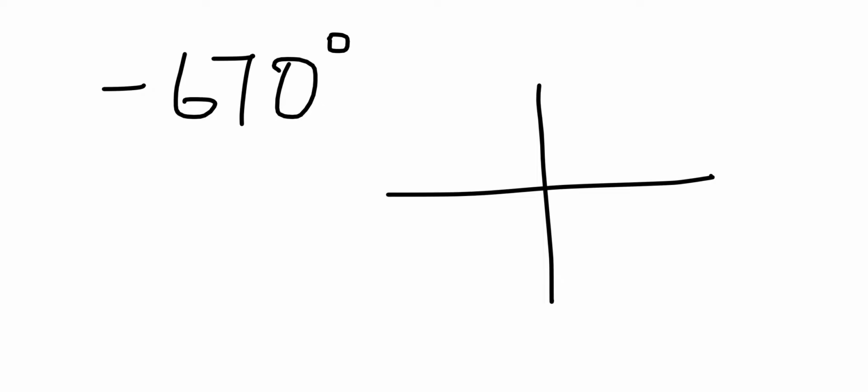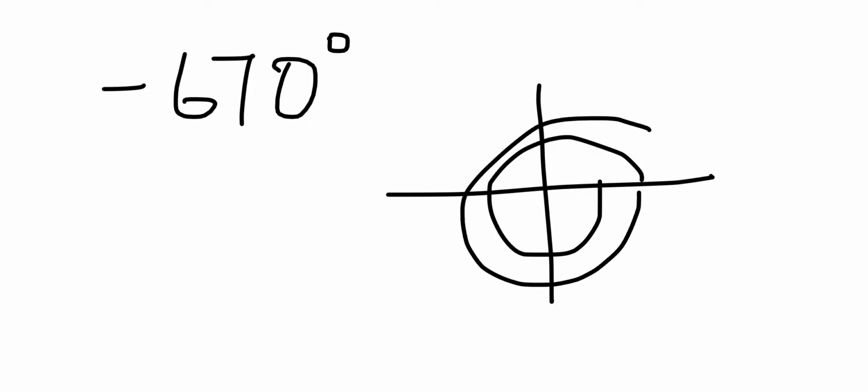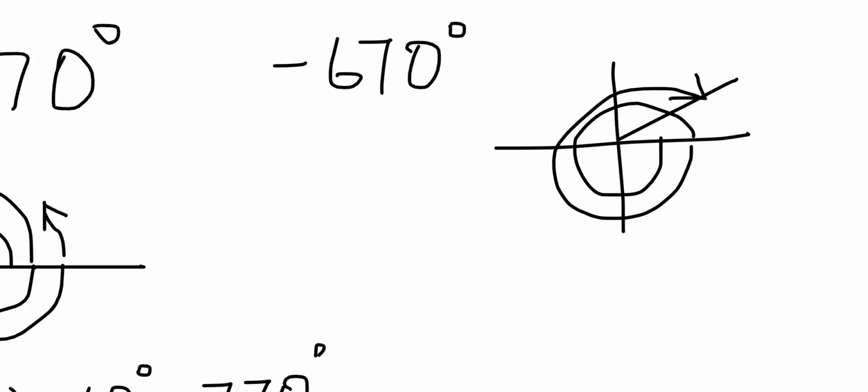You have a full 360 and then you need to add an extra. So 670 minus the first 360, you remain with 310. So you see now that 310 is less than 360. So whatever remains, as long as it is less than 360, then you are done.